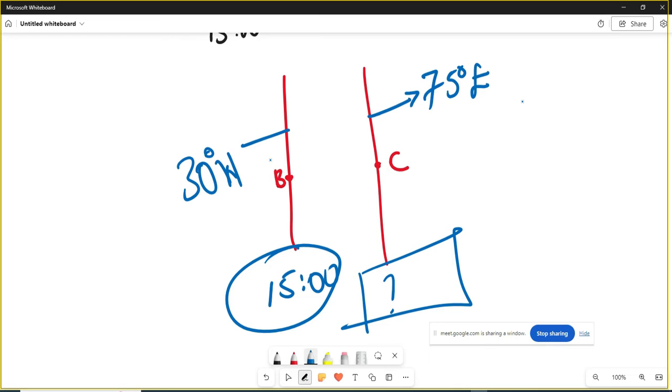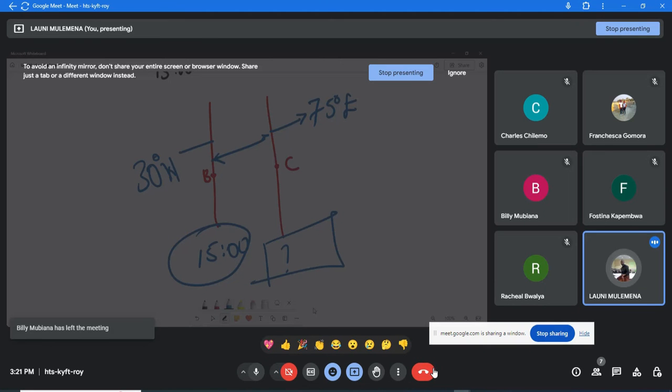To find the time difference between point B and C, we first need to find the difference in longitude. Now since B is on the west part and C on the east part, what are we supposed to do to find the difference in longitude?